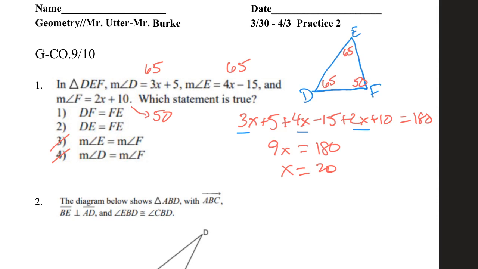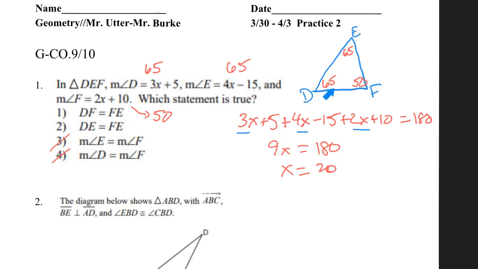So like I said earlier, this is an isosceles triangle because two of the angles match each other. And then the way the side lengths work is that the side lengths across from the equivalent angles, so across from E is DF.